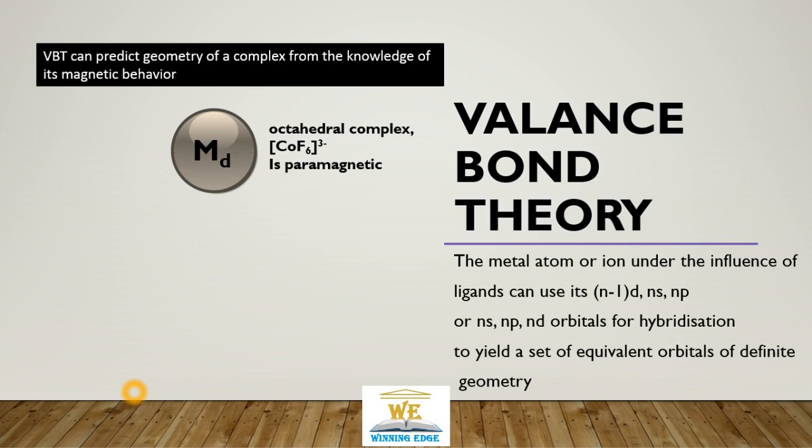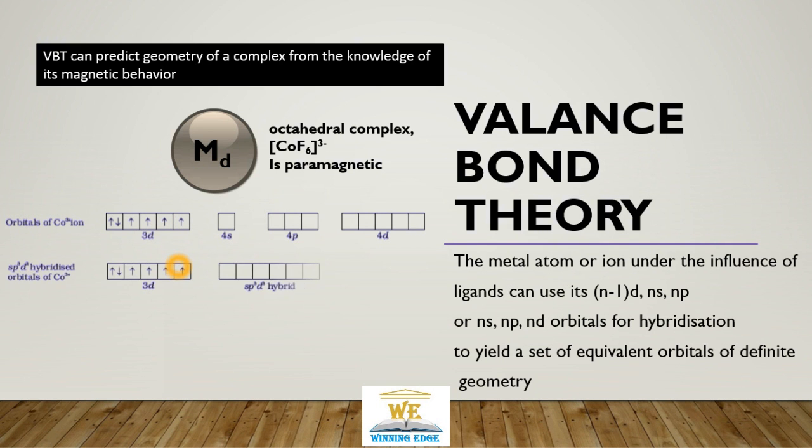Another complex is the hexafluorocobaltate complex, which is paramagnetic in nature, which means the cobalt atom should have unpaired electrons in this complex. Again, taking the ground state, in the hybridized state, what happens?